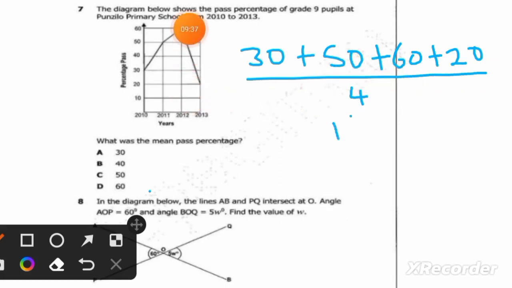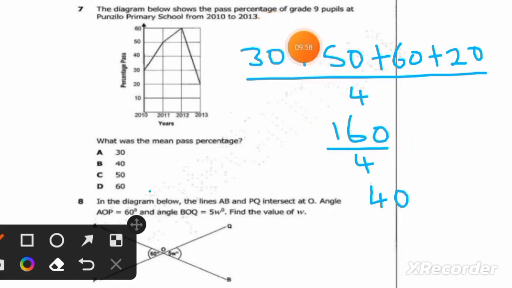So here we are going to have 160 divided by 4. 16 divided by 4 is equal to 4. We add the remaining 0 here. So therefore, our mean is 40. Our correct answer on question 7 is B.